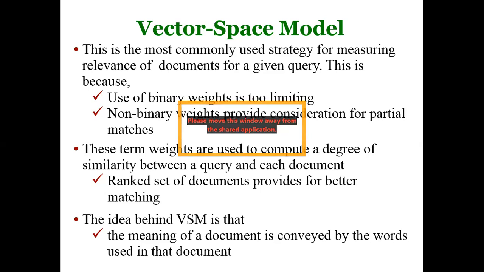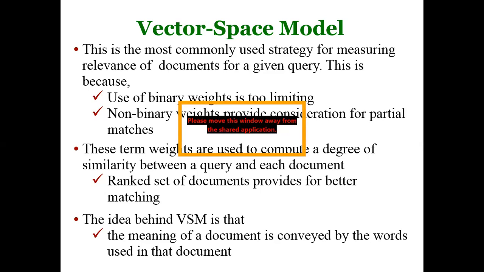The vector space model uses term frequency, document frequency, term frequency, inverse document frequency, that are measuring the frequency of occurrence of the terms. Then partial matching using a similarity measurement, like cosine similarity.